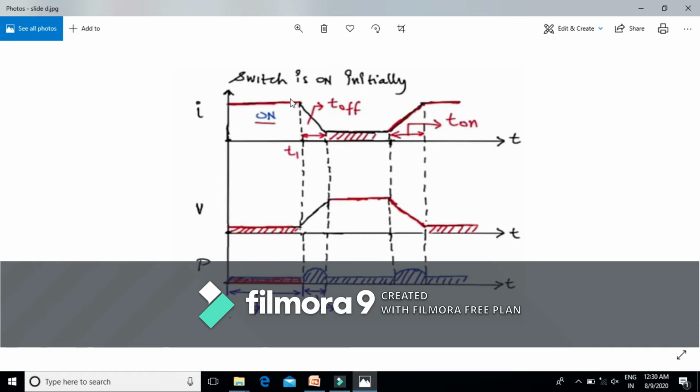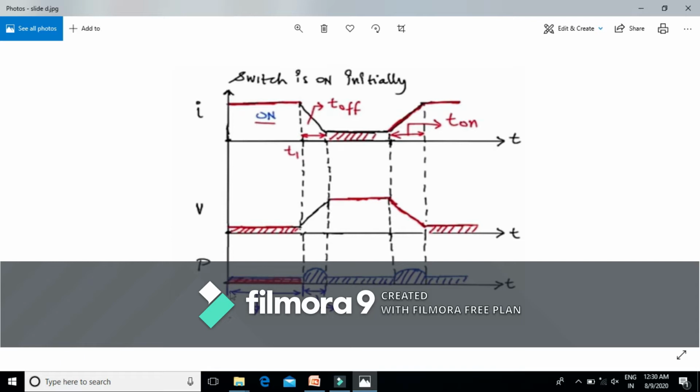During off, when it changes its state from on to off, the current will decrease from a finite value to some smaller value but not equal to zero, and the voltage will increase from some smaller value to a higher, finite value. Similarly, if we have to change the state again from off state to on state, the current will rise from a smaller value to a higher value, and the voltage will fall from a higher value to that smaller value.